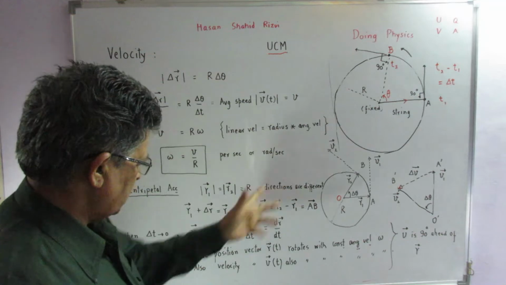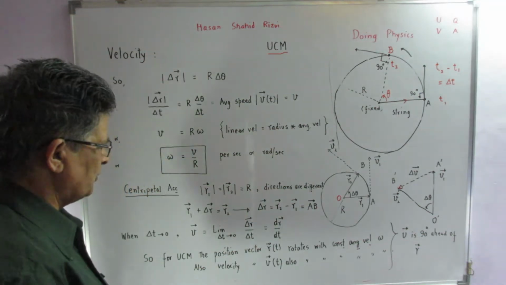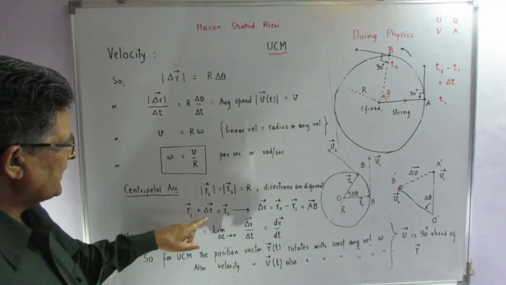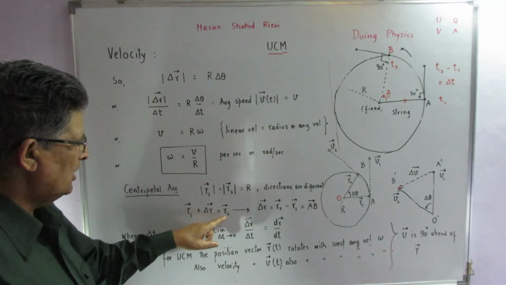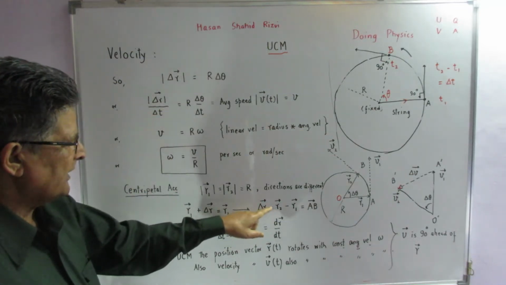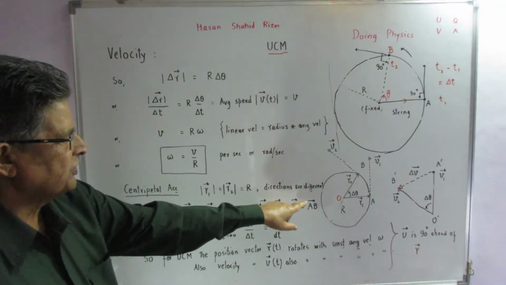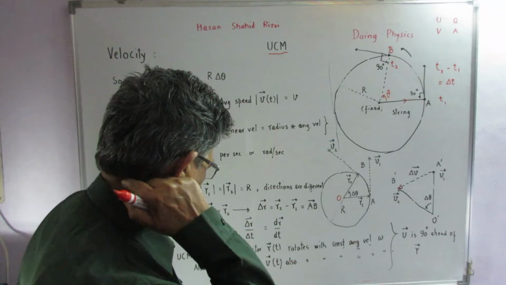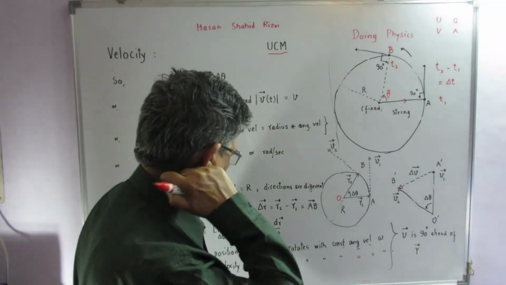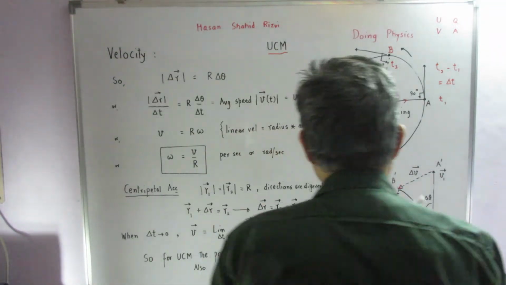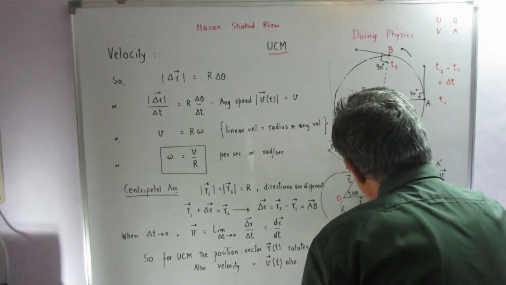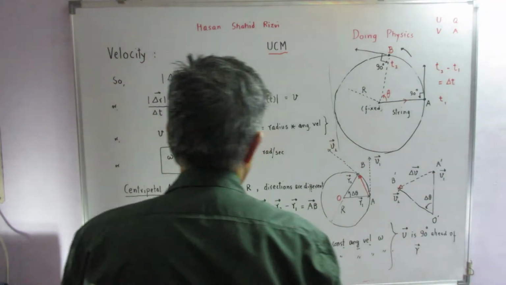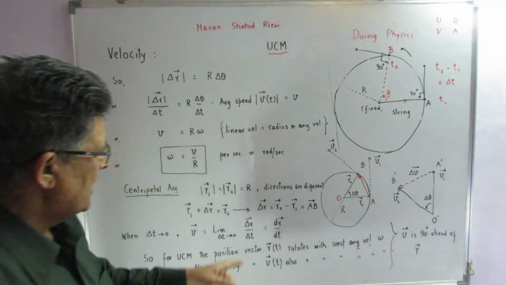The directions change, and that is the beauty of this uniform circular motion. So I can write R1 plus delta R is equal to R2, or delta R is equal to R2 minus R1, which is equal to AB. Here the AB is the vector over here, with the red ink.